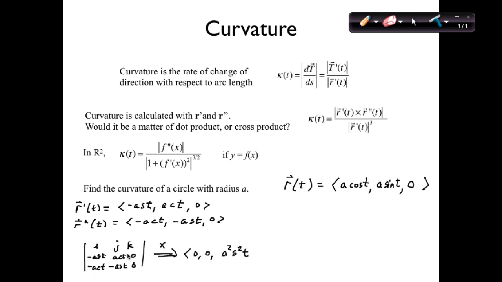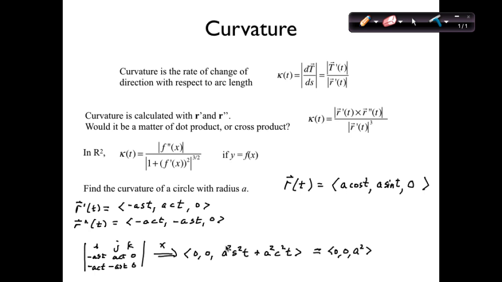And then minus negative a squared cosine squared, or plus a squared cosine squared. So I'm just doing the cross product algorithm there. And what vector is that? 0, 0, a squared, right?